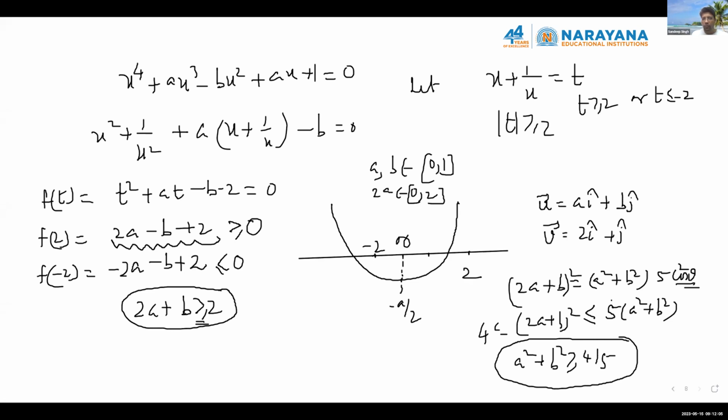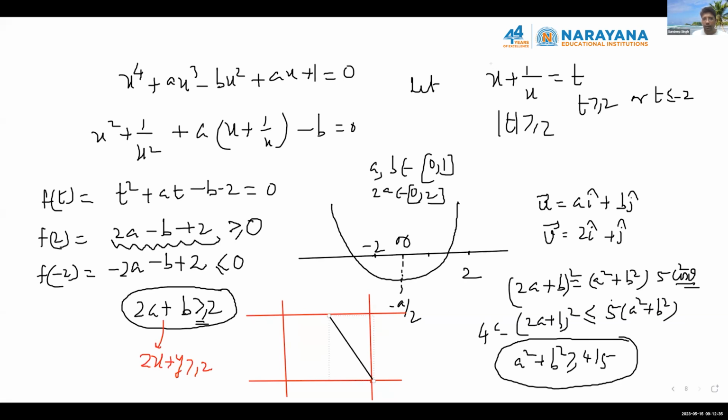So a is between 0 to 1. You can plot the graph of a between 0 to 1 like this. So this is a square. And 2x plus y equal to 2 is basically a line, because I can replace a by x and b by y just to plot this. So half comma 1 and then 1 comma 0, it passes through these 2 points.